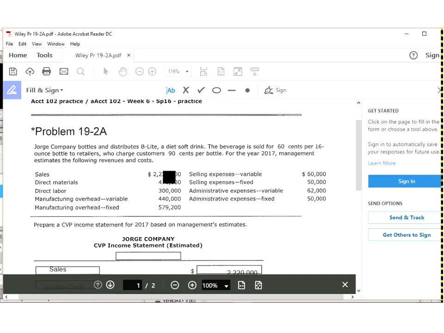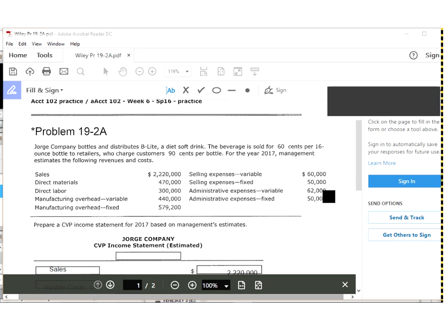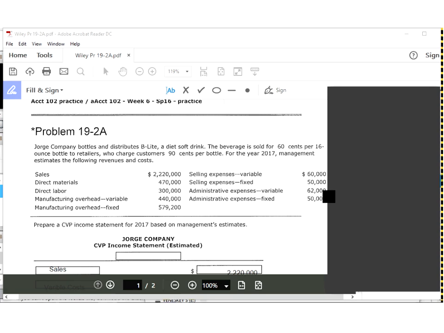If I sold each bottle for 60 cents a piece, and I sold 2.22 million in sales, I can do the math here and determine how many actual bottles I sold. So think about it if it helps you to visualize. What if each bottle cost $2 a piece?